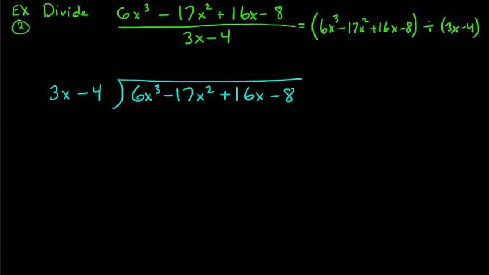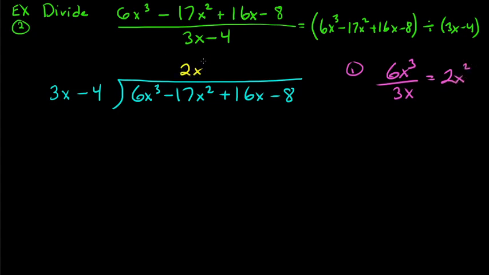Okay, step 1 is to divide this first term by this first term. If you have to write it out, it's just 6x cubed divided by 3x. So 2x squared.